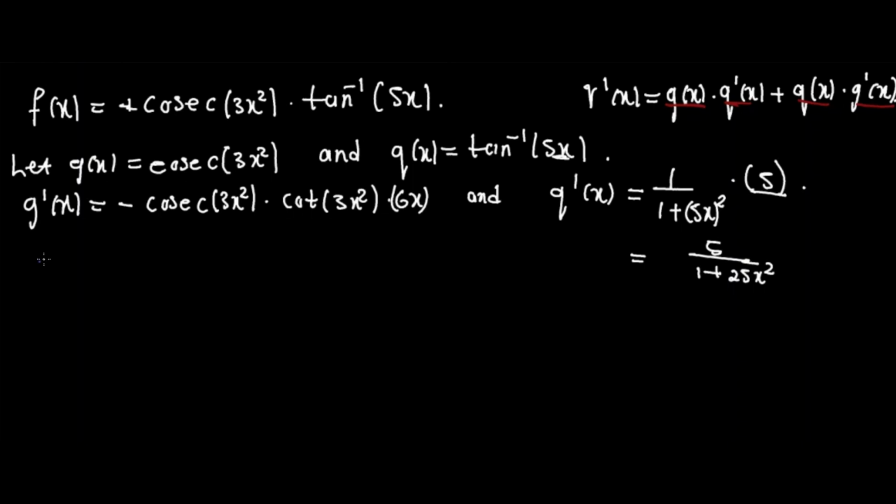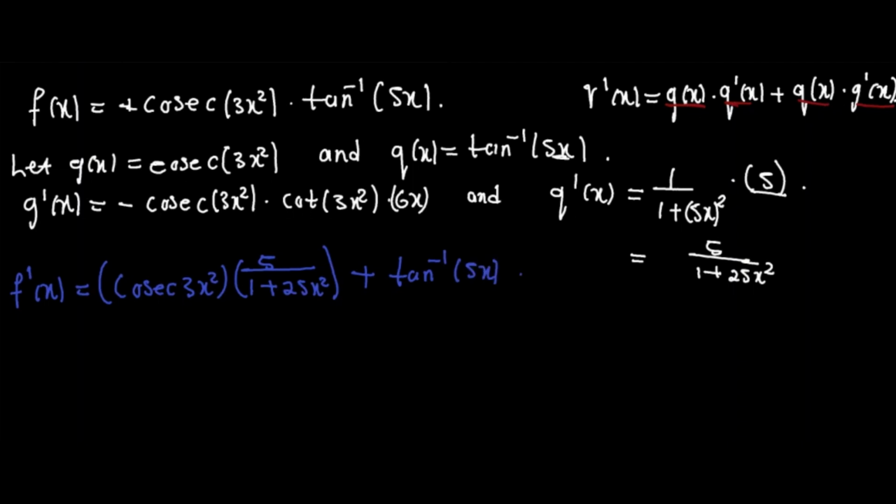So r prime of x will be equal to g of x, which is cosec 3x squared, times q prime of x, which is 5 over 1 plus 25x squared, plus q of x, which is the arctangent of 5x, times g prime of x, which is what's written here.